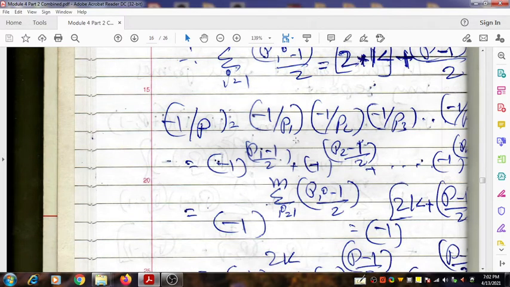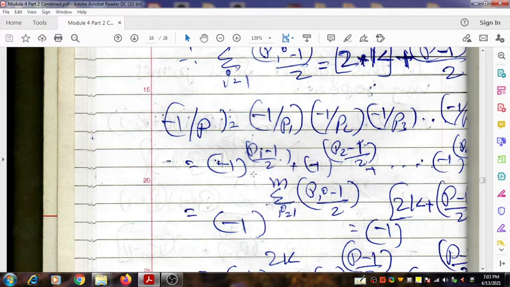That can then be written with each bracket replaced by the equivalent quantity, because here we can apply the value of the Legendre symbol (minus 1 bar p), where p is an odd prime number: (minus 1 bar p) equals minus 1 raised to (p minus 1) divided by 2.